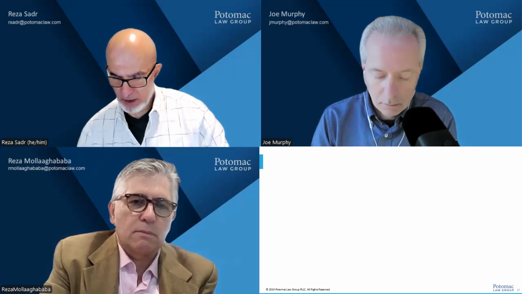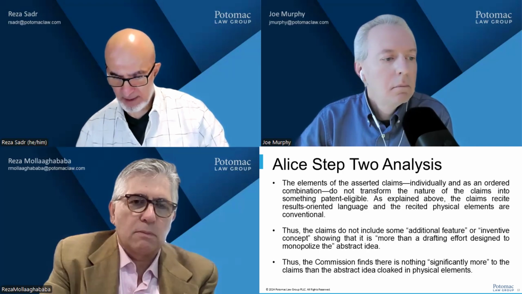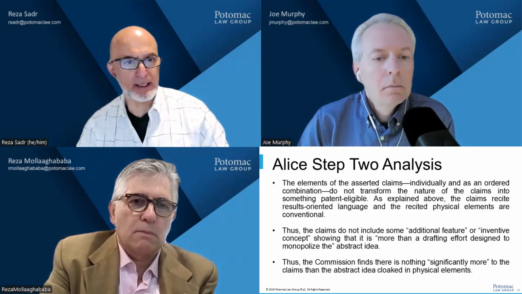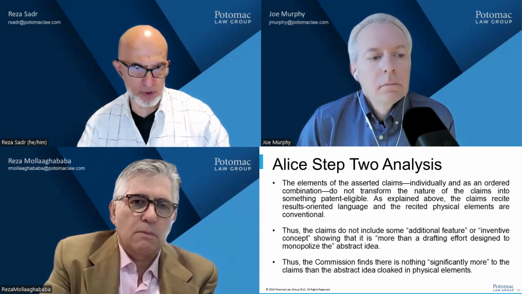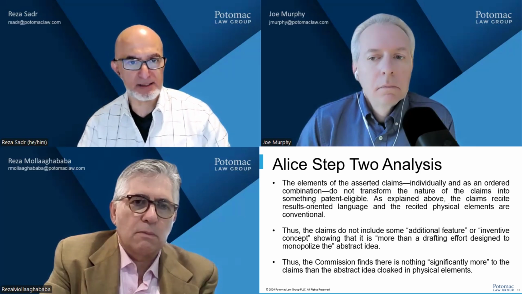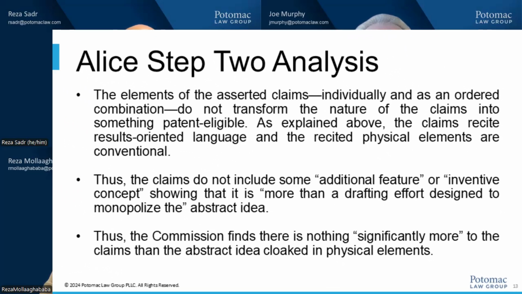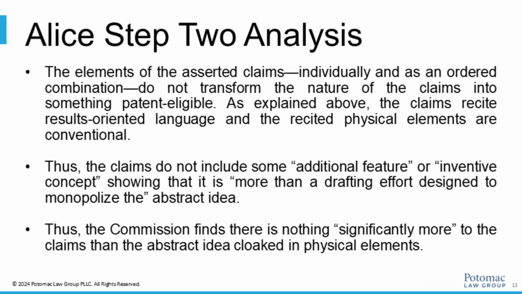Then they went on to step 2, and for step 2, they essentially said there's nothing significantly more in the claims. They say they recite just result-oriented language and the recited physical elements are conventional. Thus, the claims do not include additional features or inventive concepts showing that it is more than a drafting effort designed to monopolize the abstract idea.